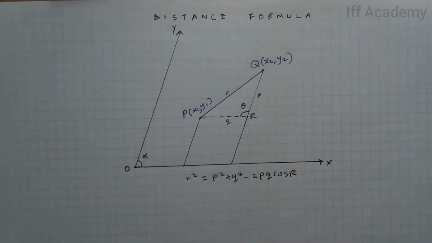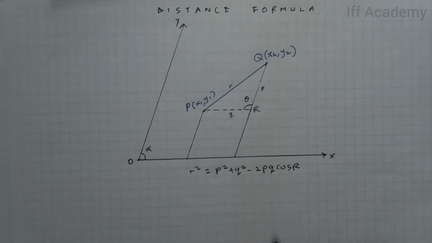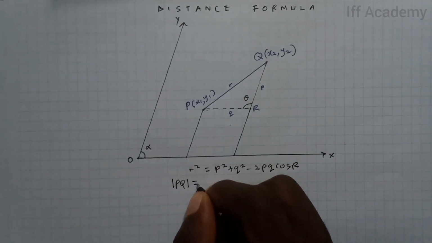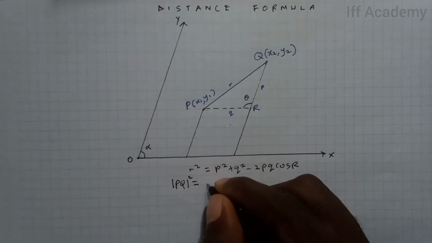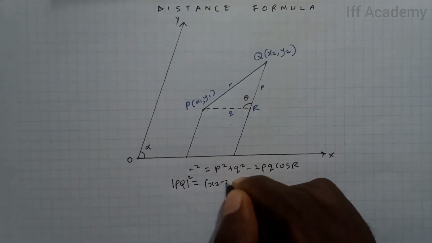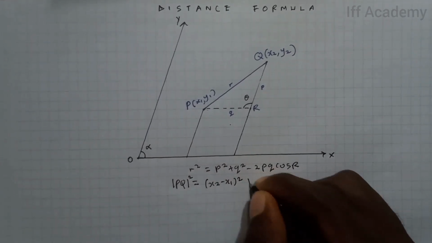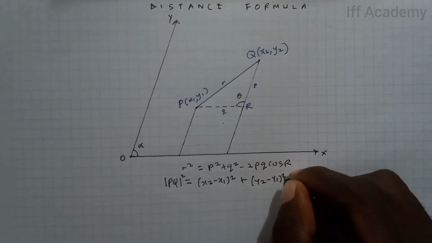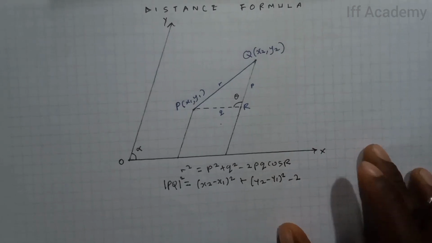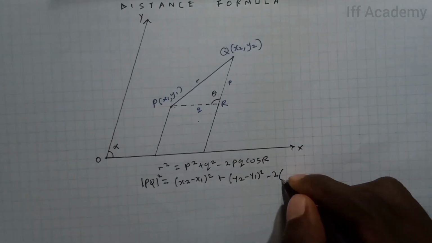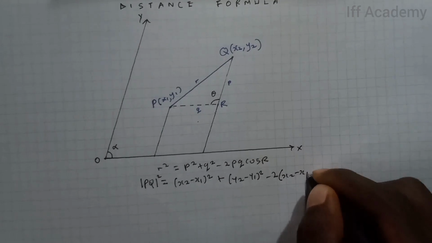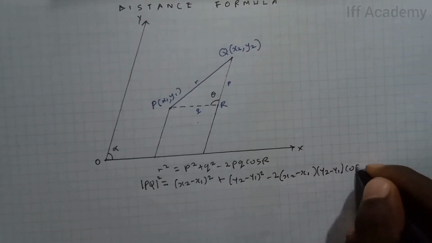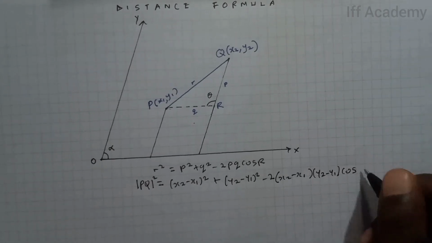So if we were to rewrite that in terms of p and q, we're going to have PQ squared is equal to (x2 minus x1) squared plus (y2 minus y1) squared minus 2(x2 minus x1)(y2 minus y1) cos theta, right?